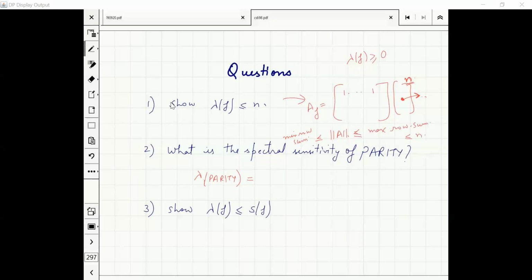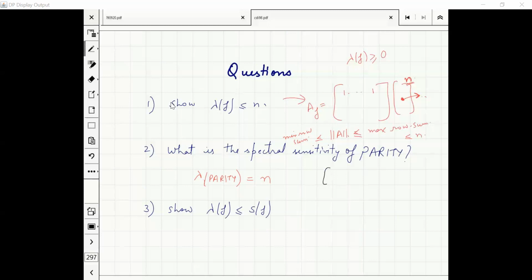Boolean hypercube. Now in the Boolean hypercube, every row sums up to n. So the maximum eigenvalue is n, right? So lambda of parity is just going to be n.